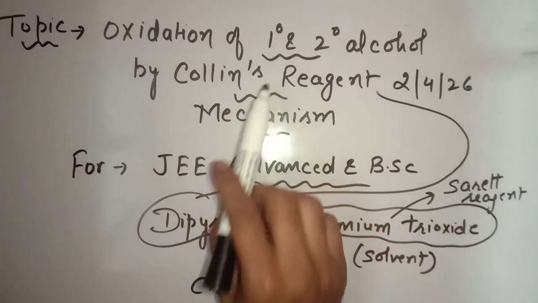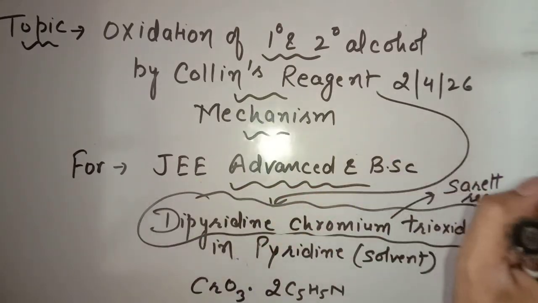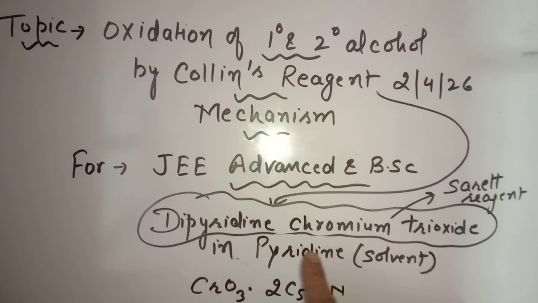So between Collins and Sarret, there is a difference of solvent only. In Sarret, pyridine is working as a solvent, and in Collins, dichloromethane is working as a solvent. This is the formula, CrO3.2C5H5N, the formula of dipyridine chromium trioxide complex.